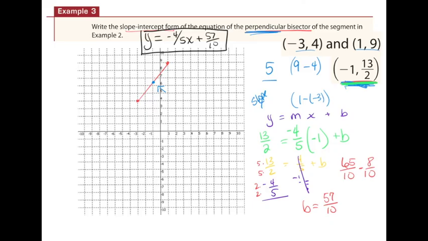That is going to be the line that goes perpendicular through this guy. And if I were to graph this line, it would go at a right angle through this point right here. It would go through the midpoint and look like that. And you'll see it actually does cross at about 5 7/10. So a little past 5 there.